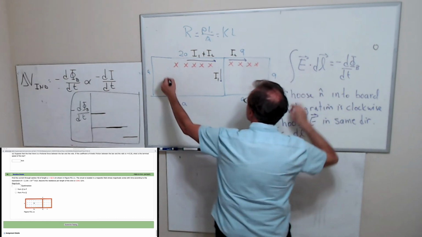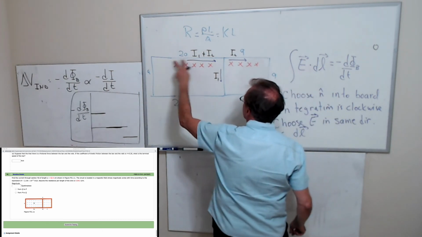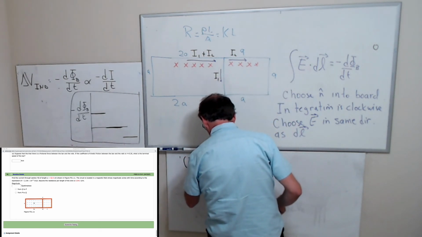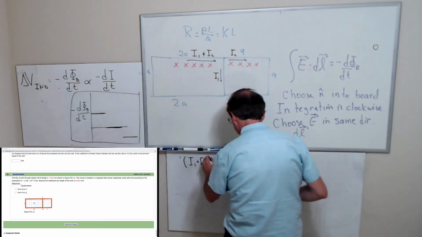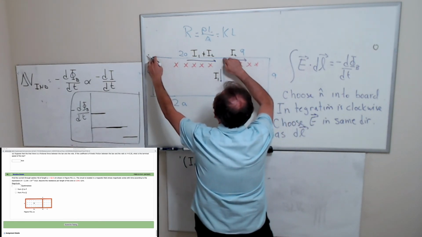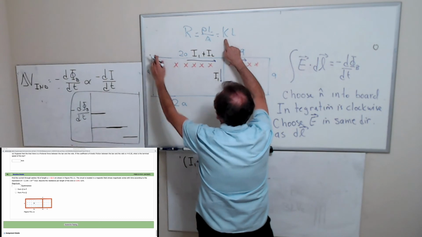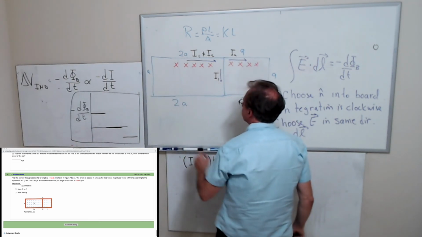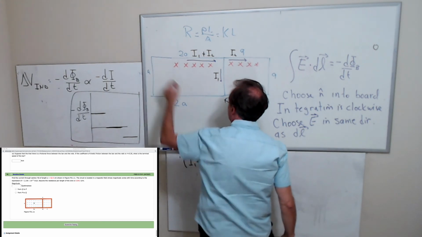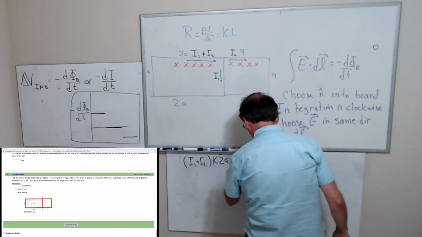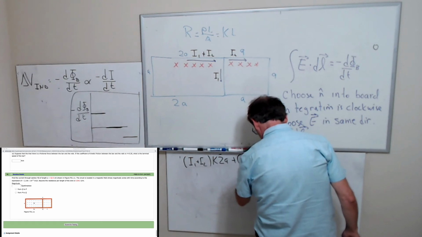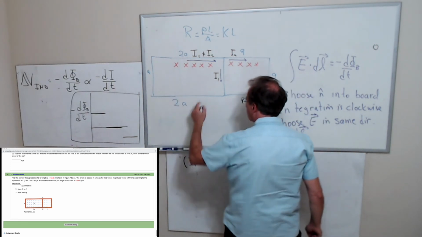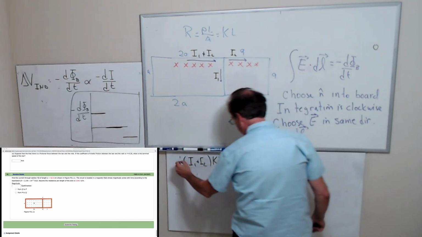So I'm going to integrate this way. I have here a current of I1 plus I2. The resistance is 2A times whatever that constant is. Over here, I have the same current, I1 plus I2, times K times that length A. And over here, I have the same thing, so I'm just going to multiply this by 2.